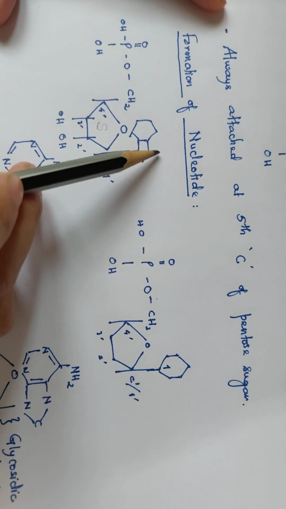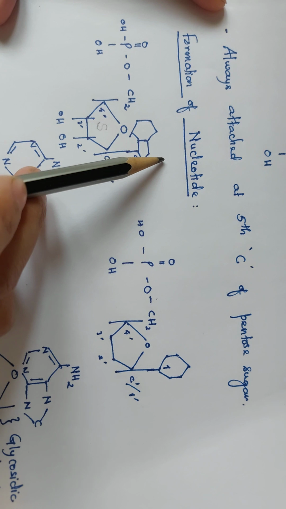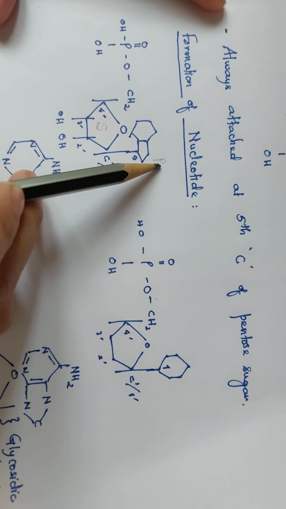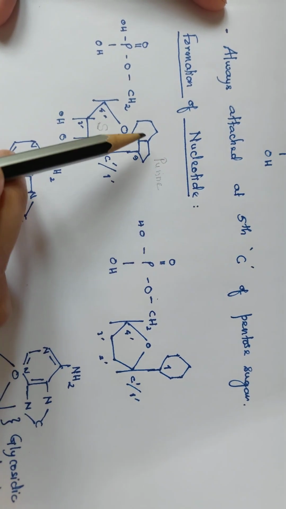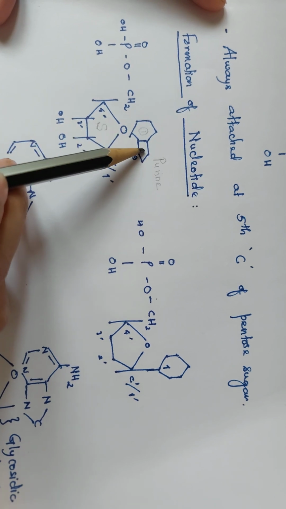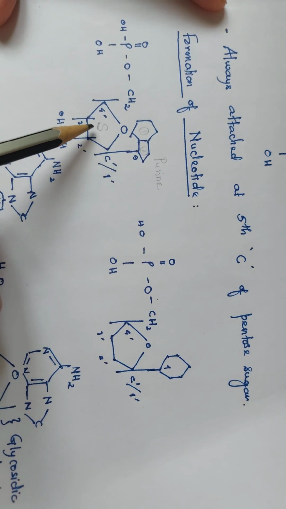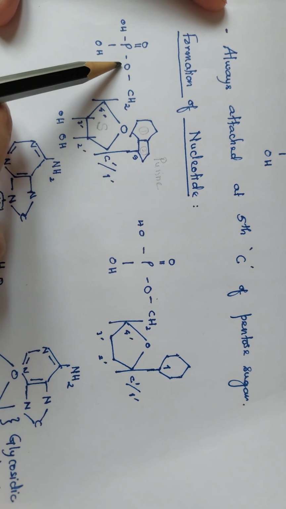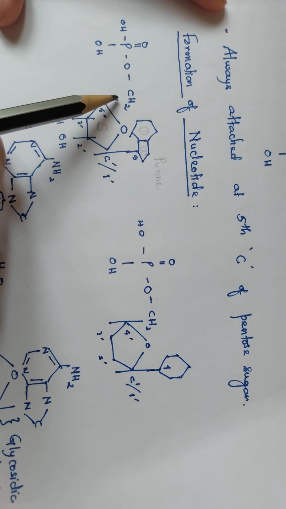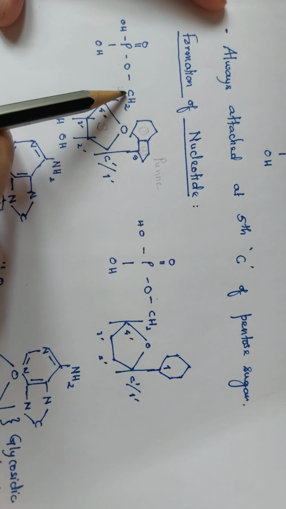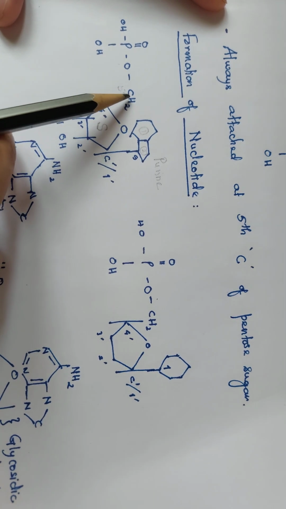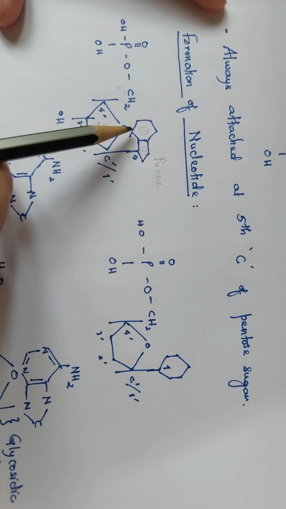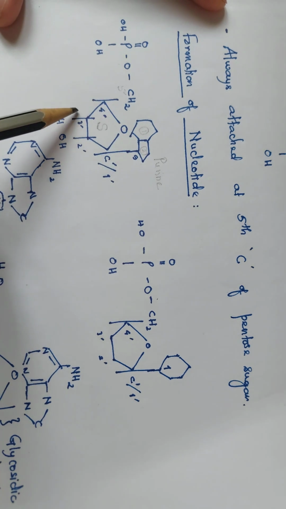If you remember the structure, this denotes a purine ring. It is dicyclic, if you remember from the last class. And the third component, that is the phosphoric acid that we just saw, is attached at the fifth carbon. So this is the fifth carbon of the pentose ring, and thus gives the complete structure of a nucleotide.